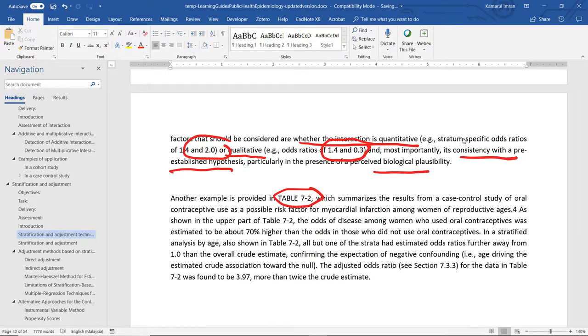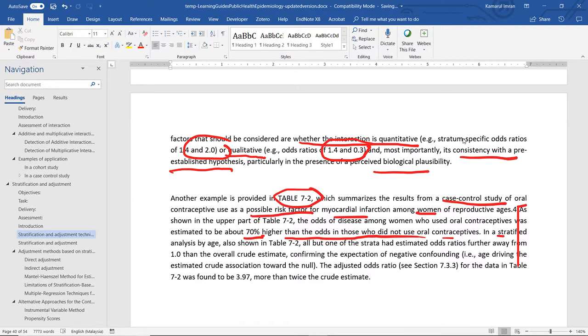Again, in table 7.2, a case control study, oral contraceptive as possible risk factor for MI among women. If you look at the crude odds ratio, the odds are 70% higher than the odds of those who did not use oral contraceptive.